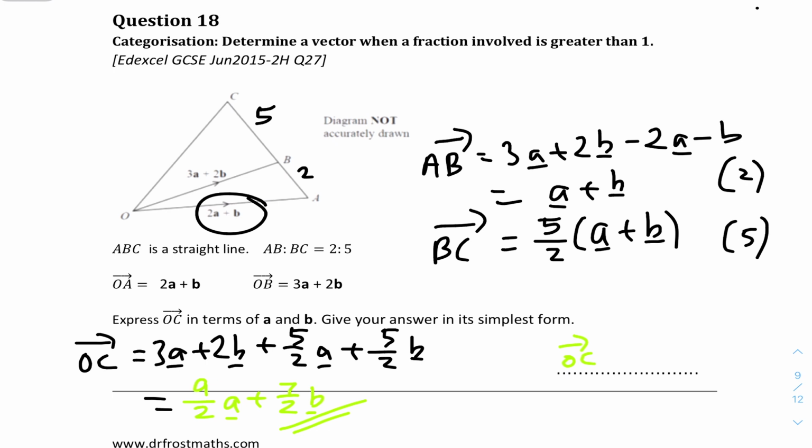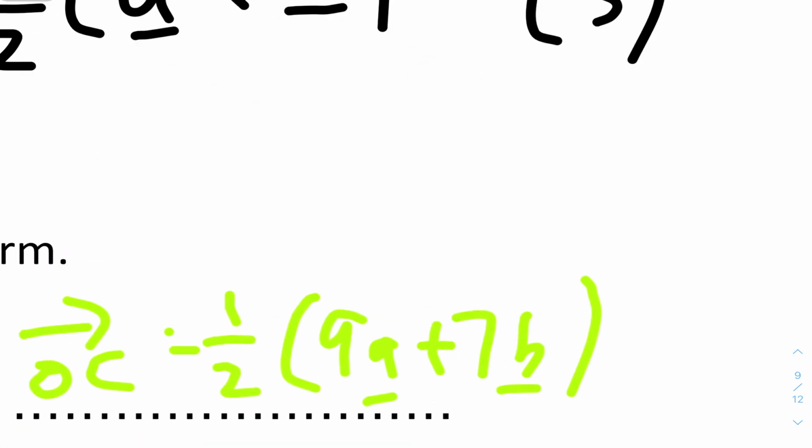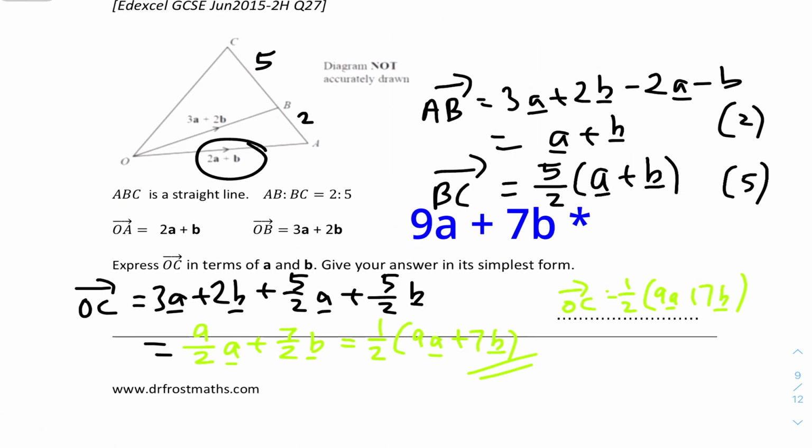What I can do is factorize the 1 over 2. So 1 over 2, 9A plus 7B, like so. So OC equals 1 over 2 (9A plus 7B). And that's the final answer.